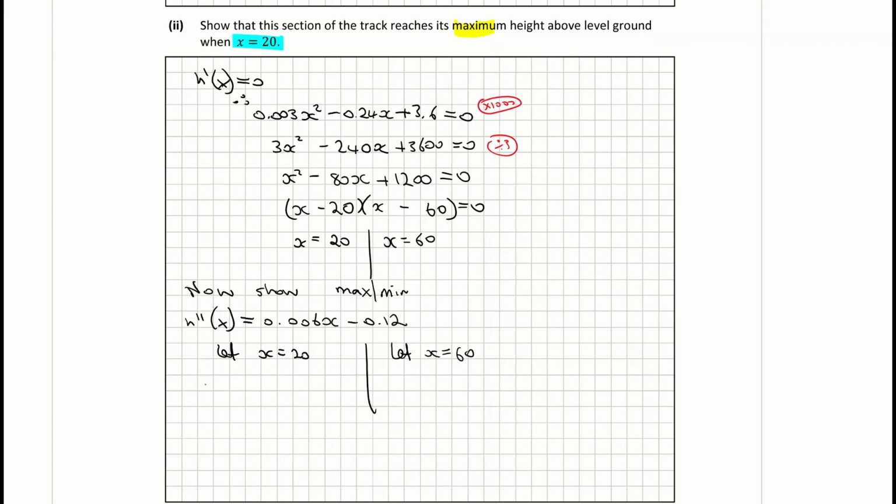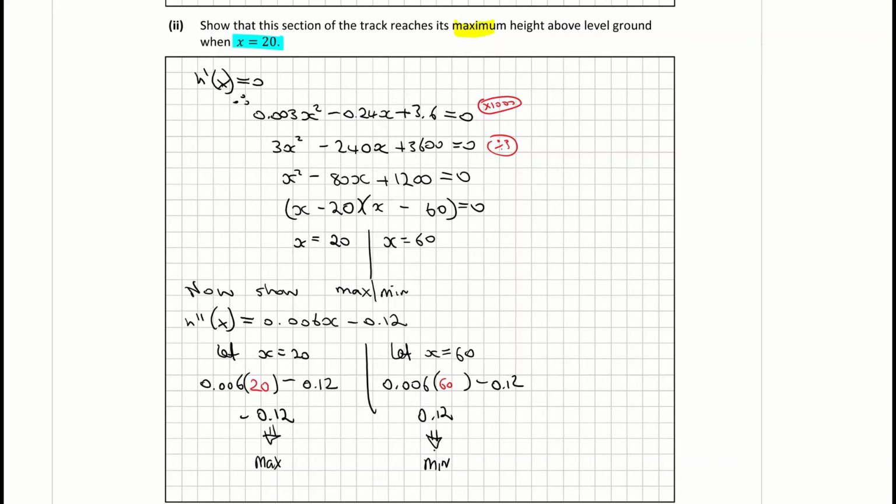And when I sub it in, I get 0.006 multiplied by 20 minus 0.12, and on my second one, 0.006 multiplied by 60 minus 0.12. And when I evaluate both of those, I'm getting minus 0.12 and positive 0.12. And when you get your negative solution, that is your maximum value. And when you get your positive solution, that's the minimum value.